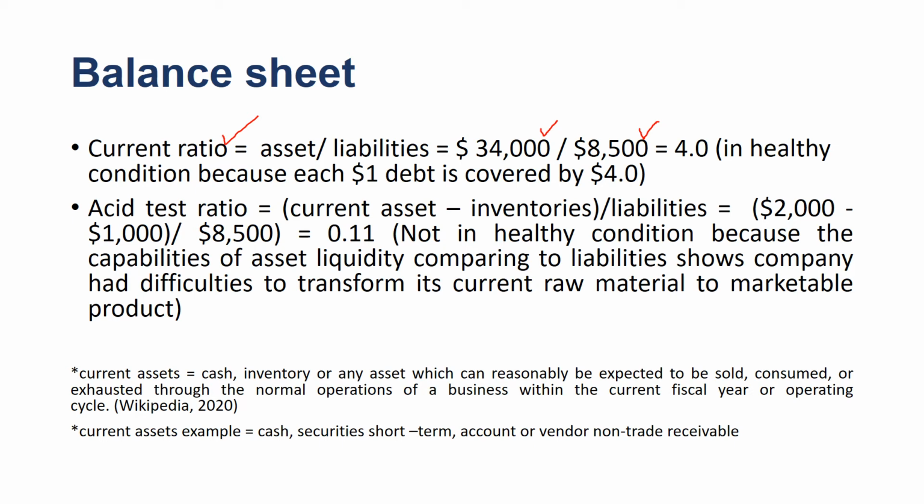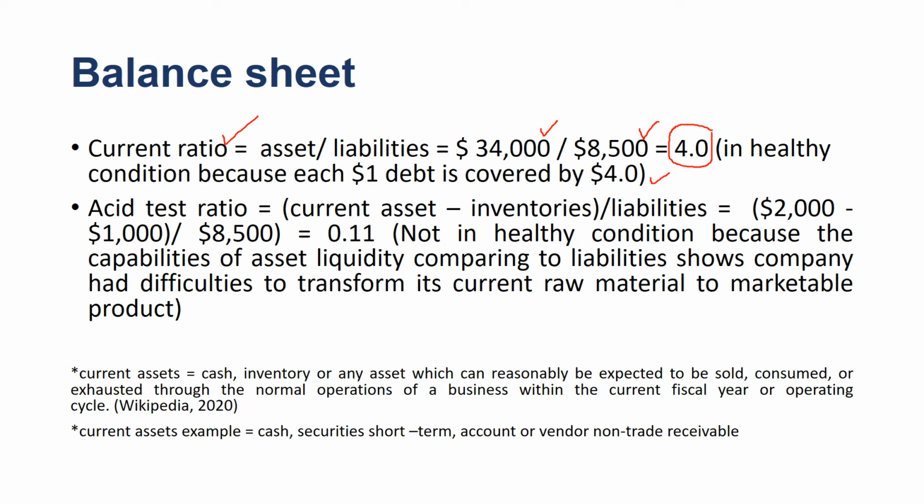So we find out that the current ratio for this company is now 4.0. We can say that this company is in healthy condition because each 1 ringgit of debt is covered by 4 ringgit in the form of assets of the company.